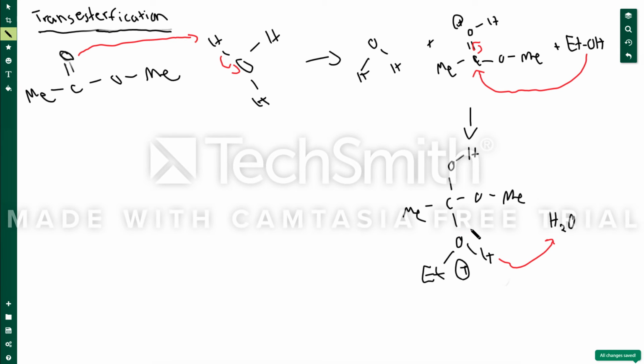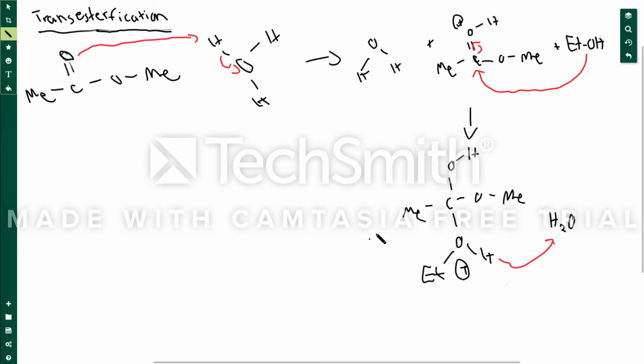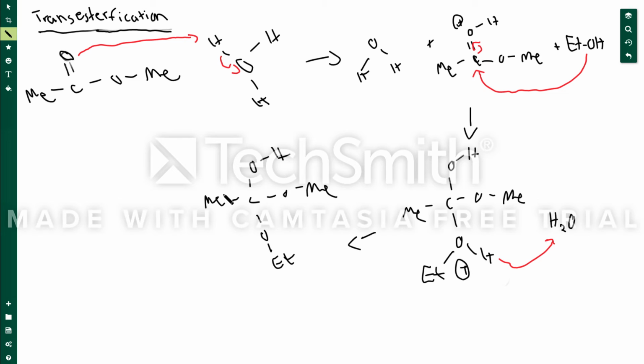It won't say that, but it will be close. And so what will be created will be OH, CO, ME, O, ET, ME. But it doesn't stop there.